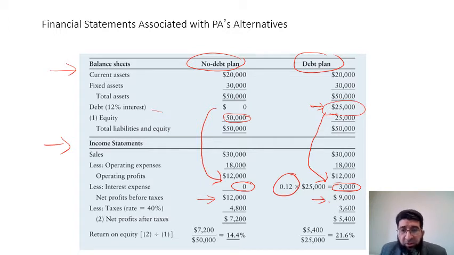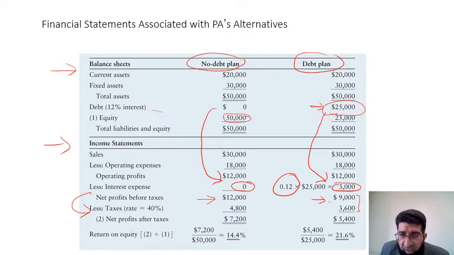However, this is not a complete story. When we move forward in the next step from net profit to less taxes, we see that the amount that we borrowed and paid as interest will be tax deductible, which means we don't have to pay tax on it. So 12,000 less 3,000 is 9,000.